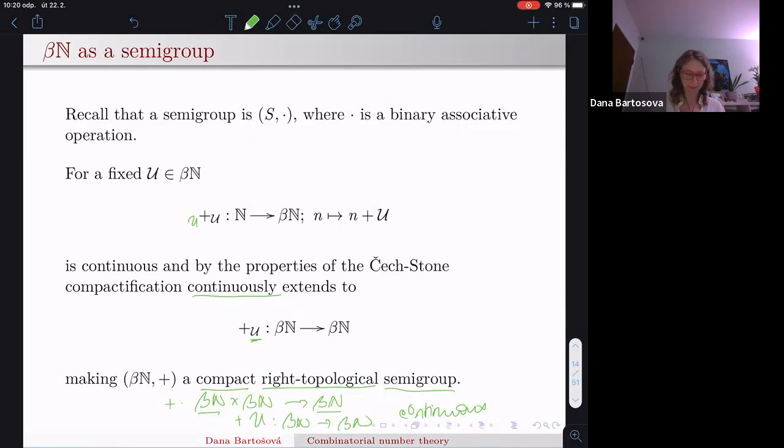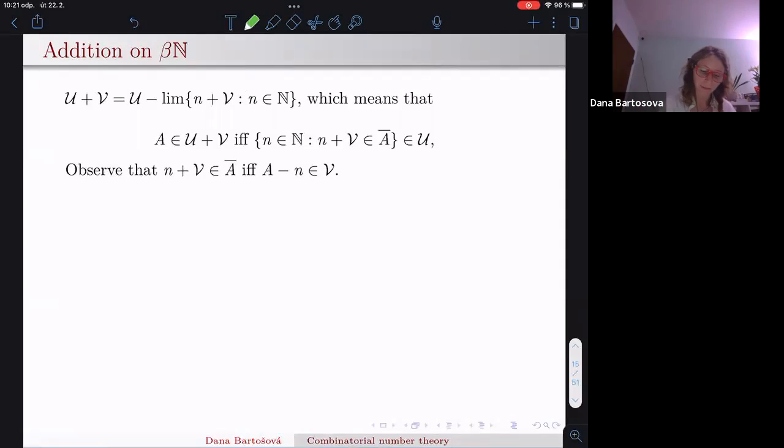All right. So now we have beta n, not only very interesting set theoretically, but also algebraically and topologically. And we will see that on top of it combinatorially. And we will recall this explicit expression for the function extensions, which gives me a combinatorial description of this addition, right?